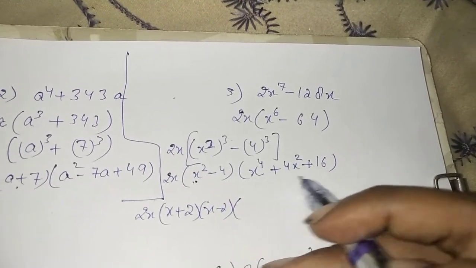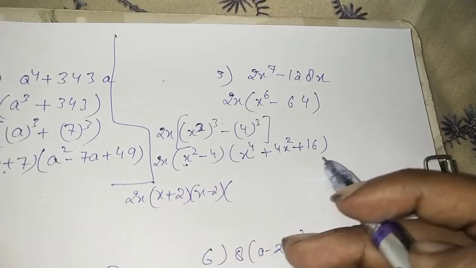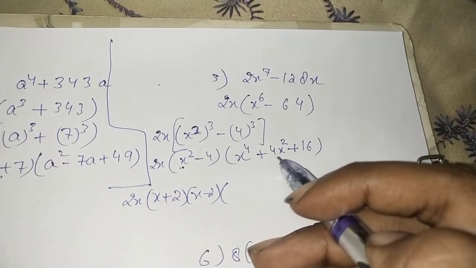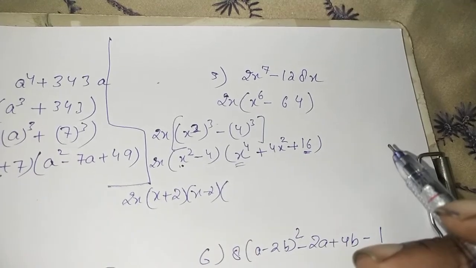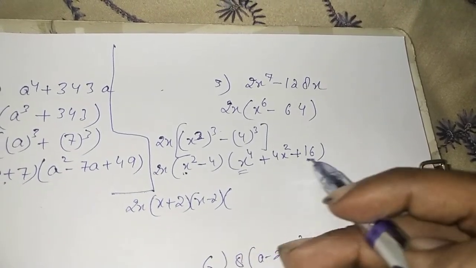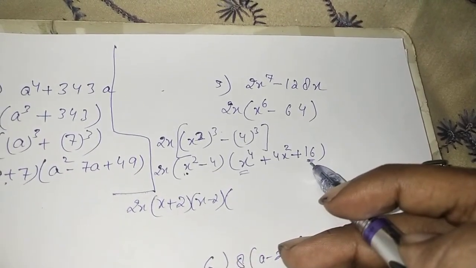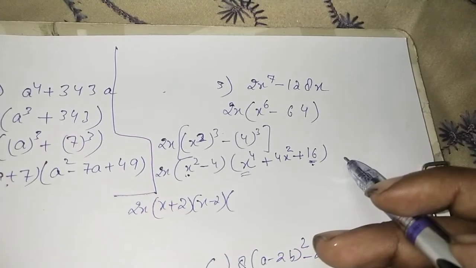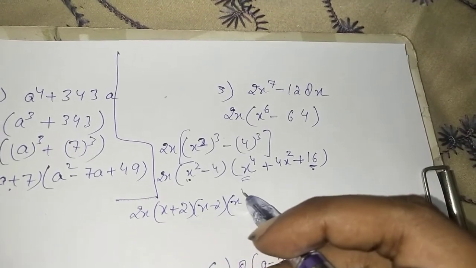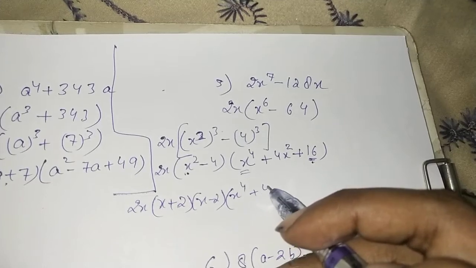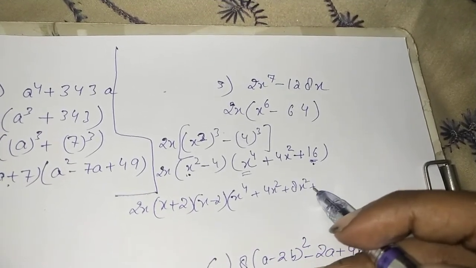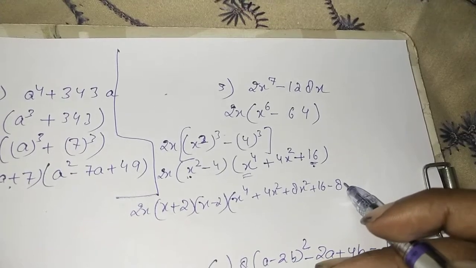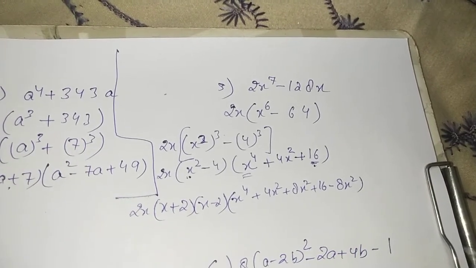Over here, are we having a perfect square? No, but we can transform. How? Do one thing. 16 is a square of 4, this is a square of x square. So that means as per these two, the middle term will be 8x square. So plus that number and subtract that number. So x to the power 4 plus 4x square plus 8x square plus 16 minus 8x square.